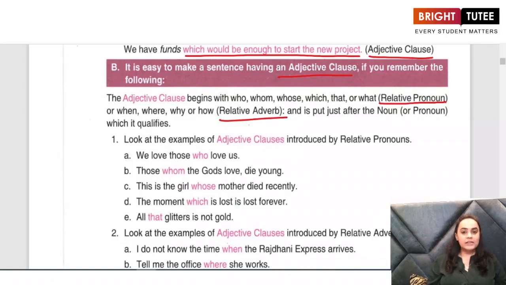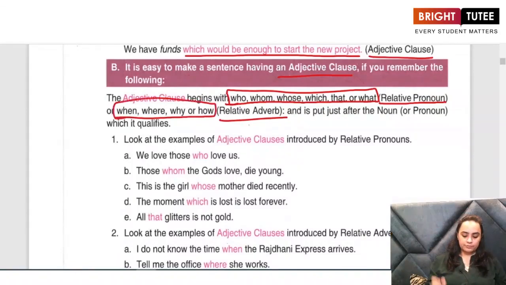What are the relative pronouns? Who, whom, whose, which, that, or what. These are relative pronouns. And what are my relative adverbs? When, where, why, and how. These are my relative adverbs.